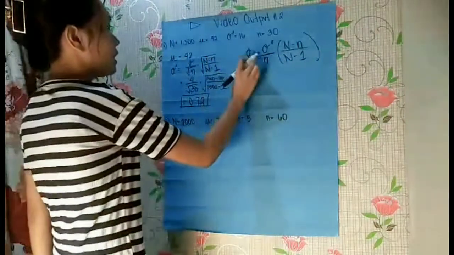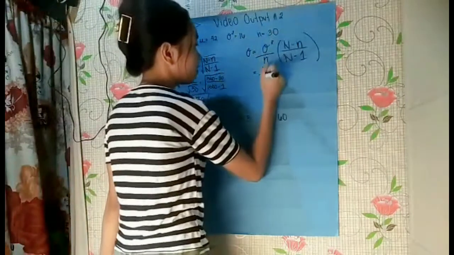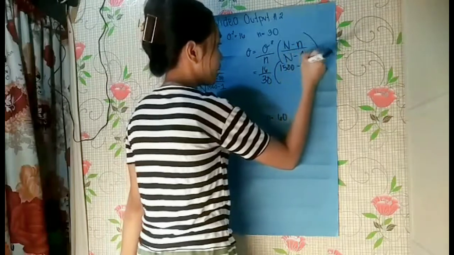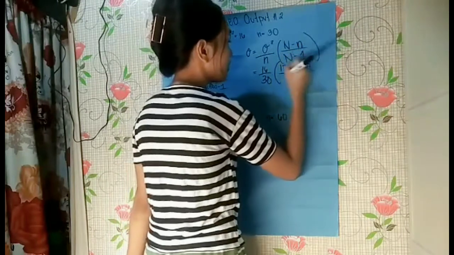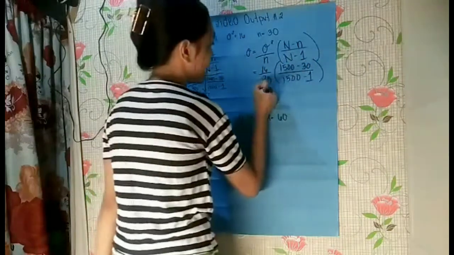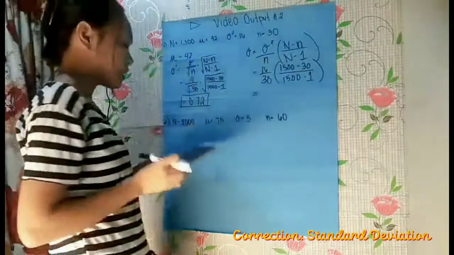We have the variance of 16 over the sample size of 30 multiplied by the population of 1,500 minus the sample size of 30 over 1,500 minus 1, which is the constant number. Again, let's get our calculator to solve for the standard error.